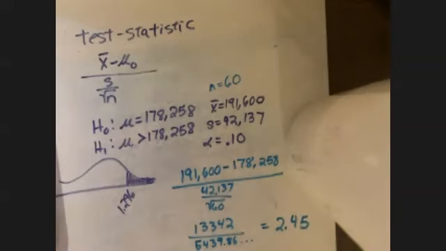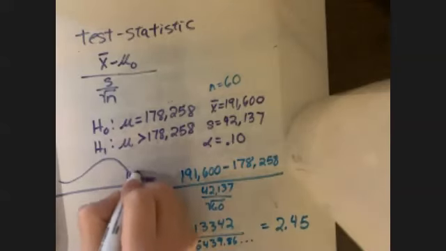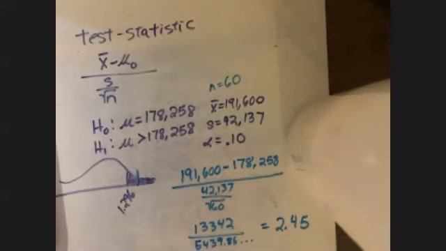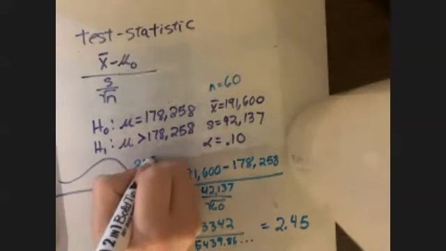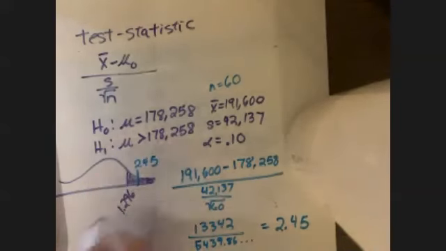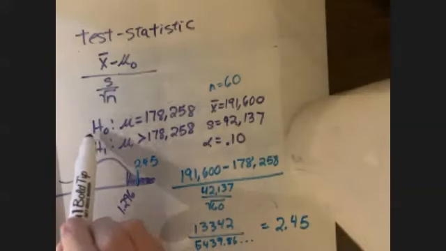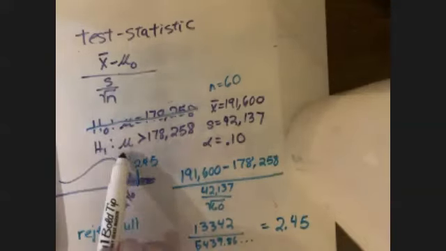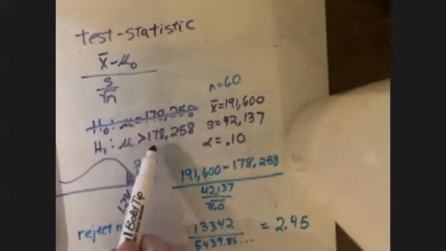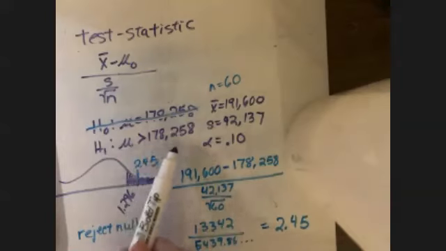2.45. Okay, so now looking at where 2.45 would be, 2.45 would be something like here. Okay, so I'm in a reject region, so we would reject the null. What that means is we would get rid of this, and we believe that the mean is actually greater than the 178,258, okay, based on our evidence.